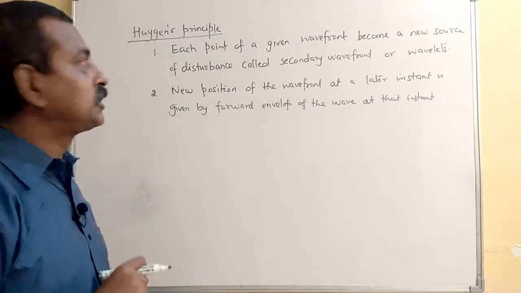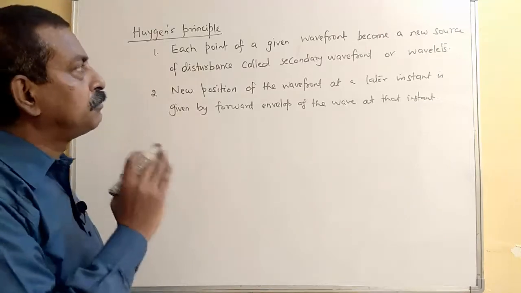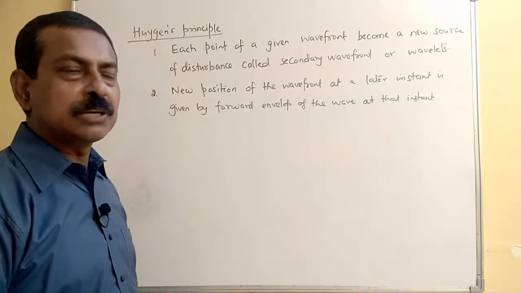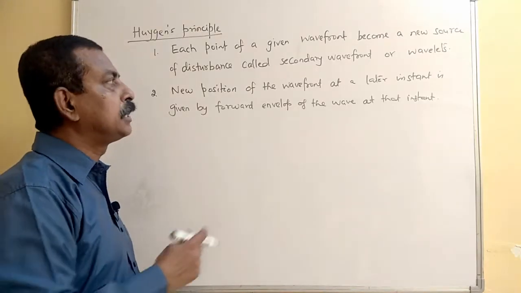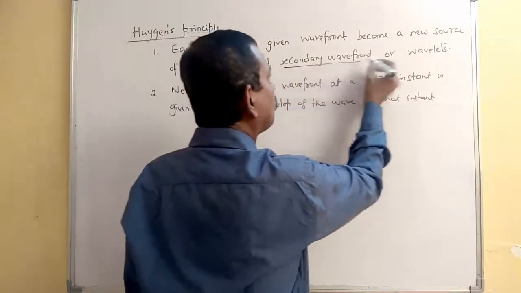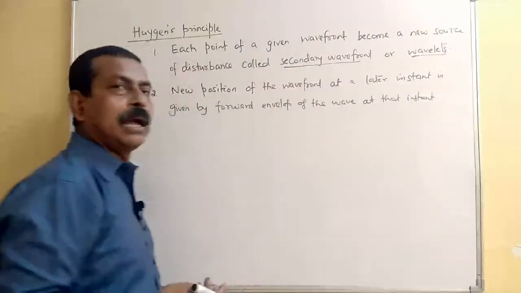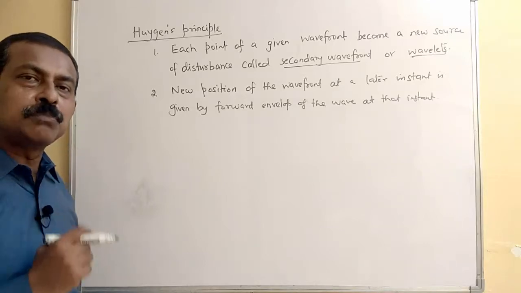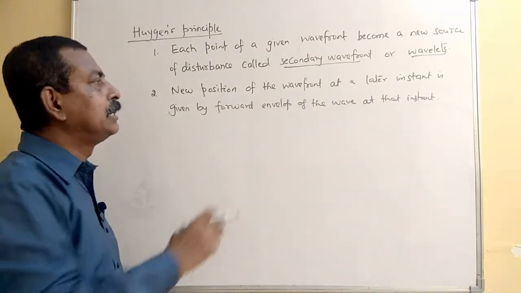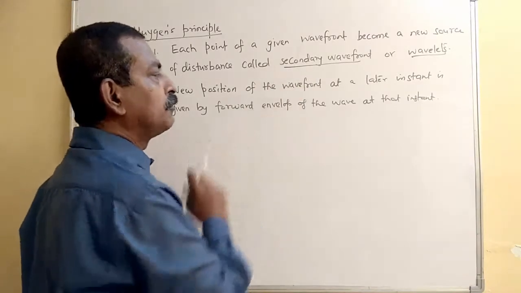So these two points are there. Each point of a given wavefront becomes a new source of disturbance called secondary wavefront or wavelets. And second, the new position of the wavefront at a later instant is given by the forward envelope of the wave at that instant.